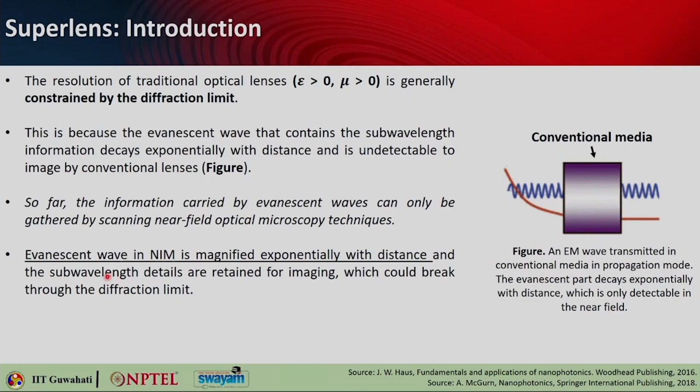Evanescent waves in negative index material can actually get magnified, and that happens exponentially with distance. That helps you get the sub-wavelength details retained for imaging by a conventional lens, and that allows you to break the diffraction limit of light for conventional imaging.